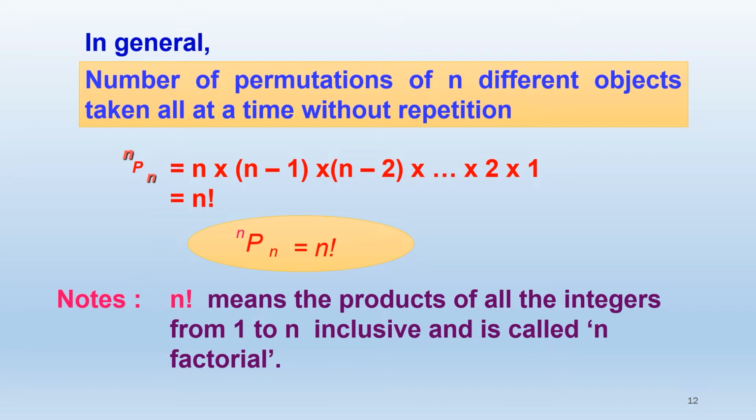Okay, in general, the number of permutations of n different objects taken all at a time without repetition. Kalau tanpa pengulangan, maksudnya cara untuk kira number of permutations adalah nPn, meaning that n multiply with n minus 1 multiplied with n minus 2 multiply with ... until you get number 1.